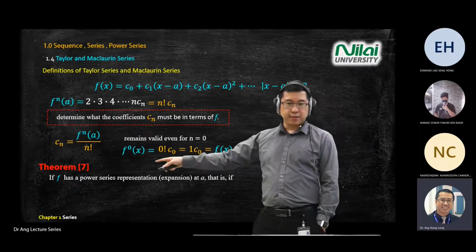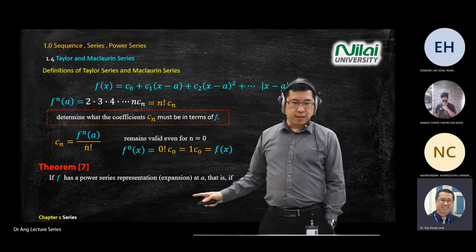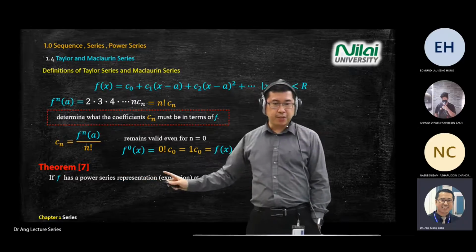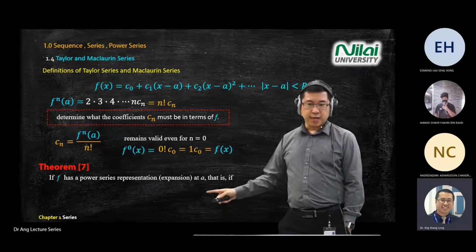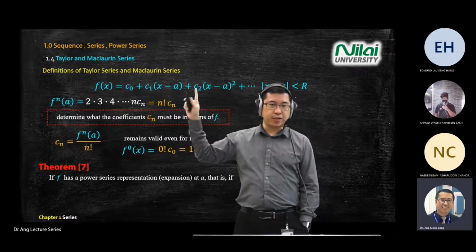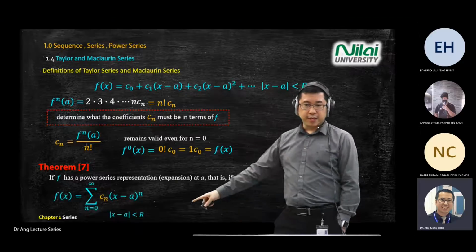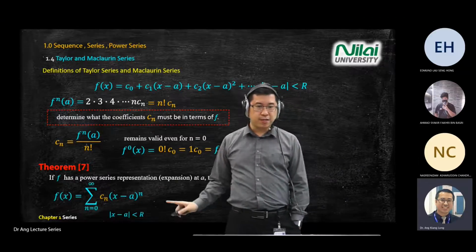Theorem 7, the new truth for today. If a function has a power series at a, meaning you substitute x equal to a into the general equation, you can use this formula.